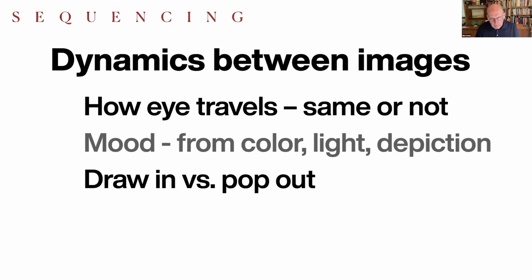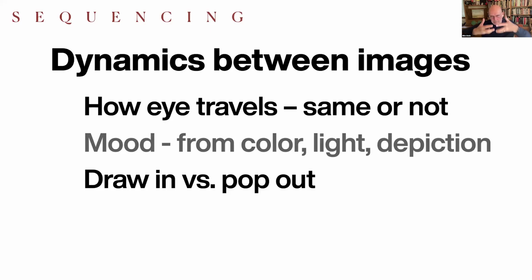That photograph of the guy with the sweaty face, that's a photograph that pops out from the frame. And the photograph of the bicycle riders with the guy riding up or walking up the hill, that's a photograph that pulls you into it. So that's one of the most powerful dynamics that you can play with in sequence.